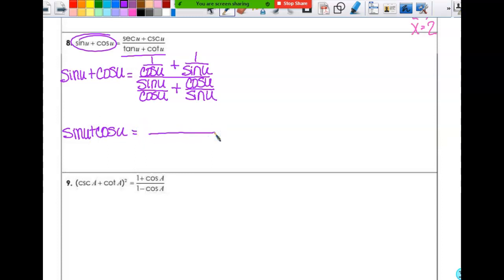So the common denominator of the numerator would be cosine u, sine u. Then the numerator of the numerator would end up being sine u plus cosine u.